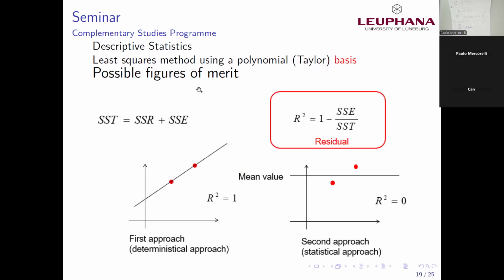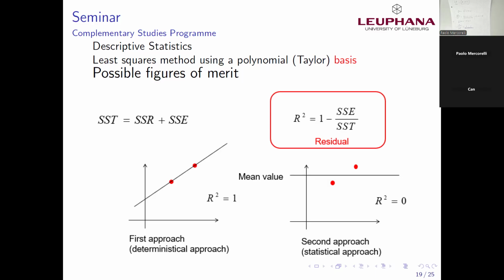Equals this equation here, but of course, here we are in a mix, no? Between statistic and deterministic in the sense. But we assume that somehow we can split in this form.